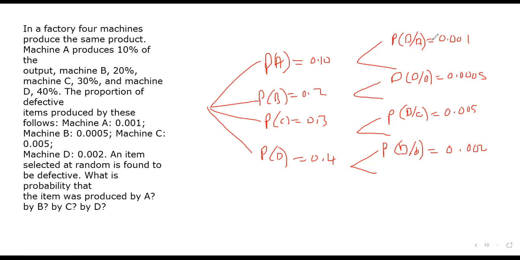So when I multiply this and that one, I'm going to get the probability of A intersection D. When I multiply these two, I get B intersection D. This will be C intersection D, and this will be D intersection small d. That's by multiplying these ones.